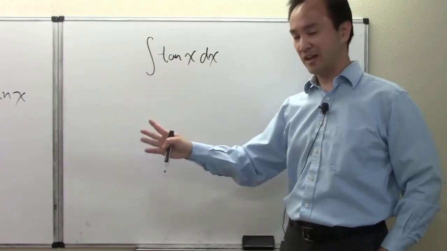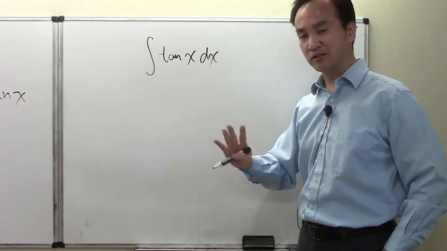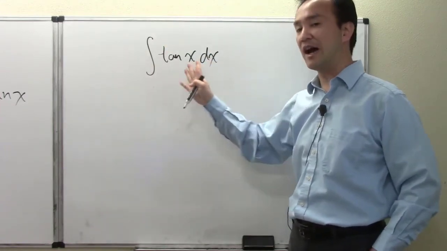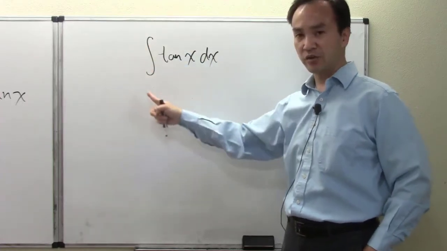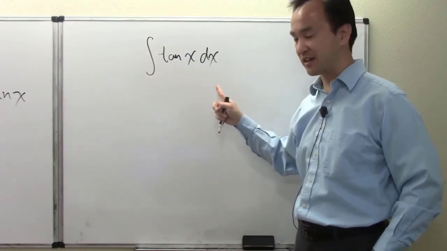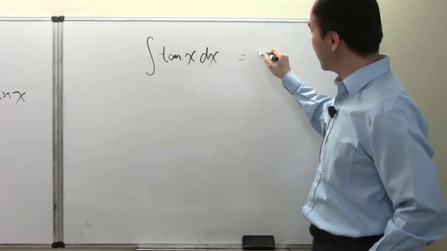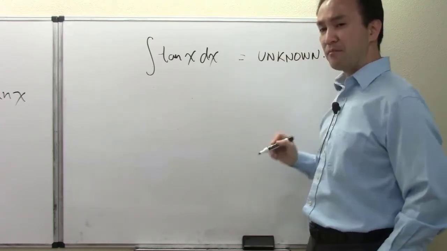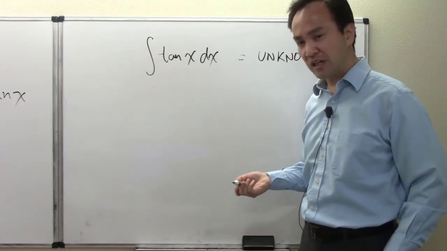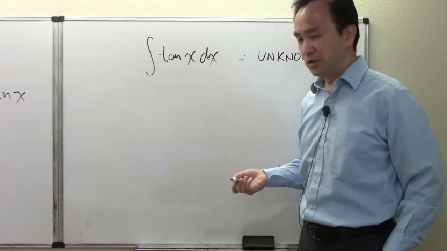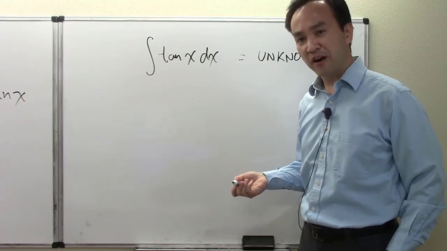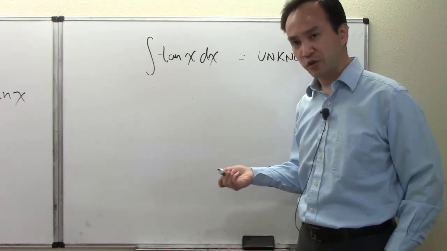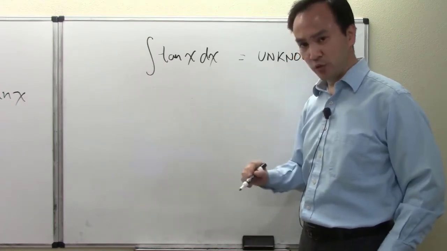At some point later on, when we get to learn the kind of material that allows us to find this antiderivative, then we will have a definite answer. So right now, this is an unknown answer. That's what I meant by, at this point, we do not know the antiderivatives of all trig functions yet. And this is one of them.